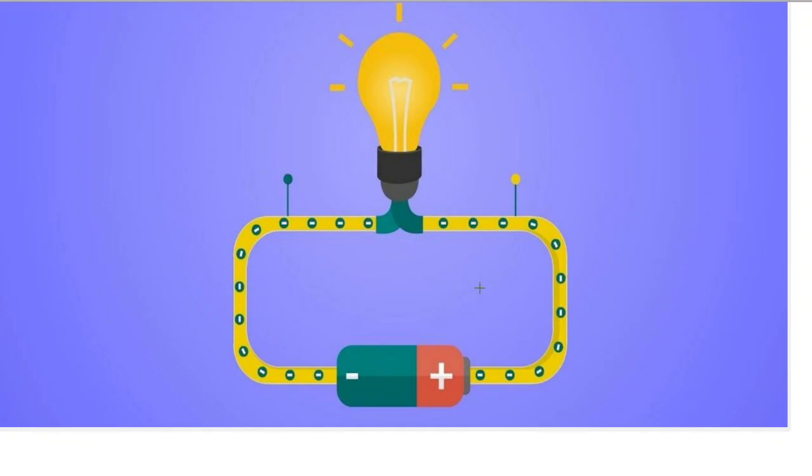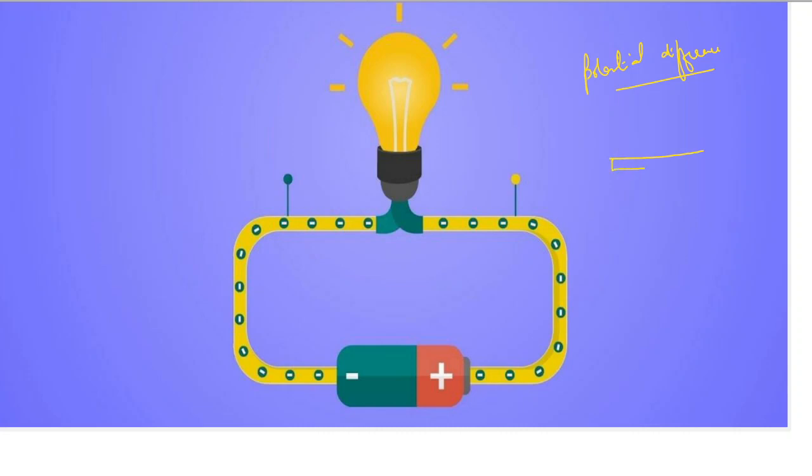Now for current to flow, what is very important is we need a potential difference, because without a potential difference, current will not flow. So a potential difference is essential to establish a current. Just think of heat.